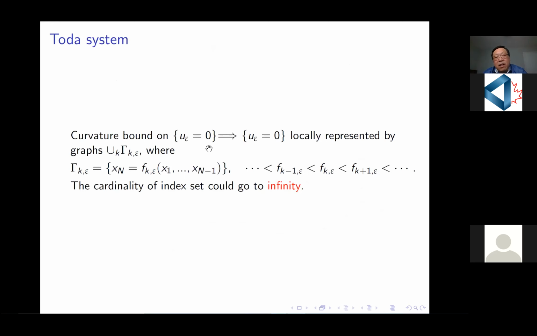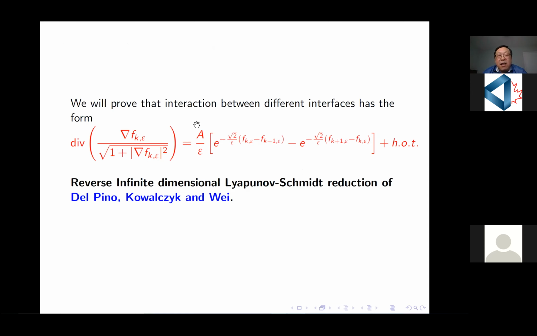Since we have a C1 alpha bound, we get a C2 bound, and then locally all these interfaces can be represented by graphs. We prove that the interfaces interact with each other.